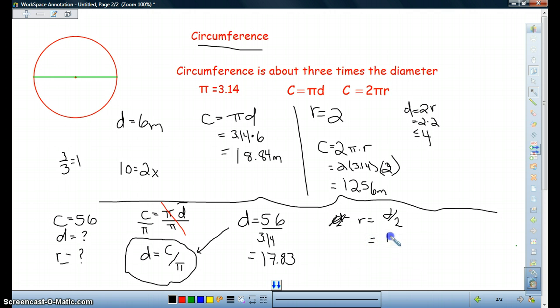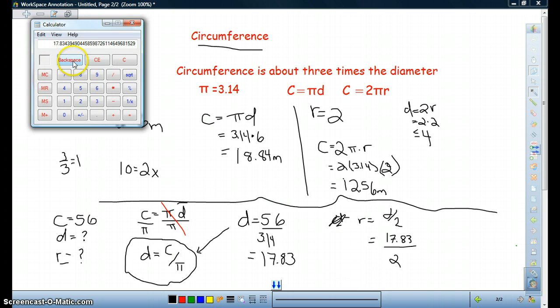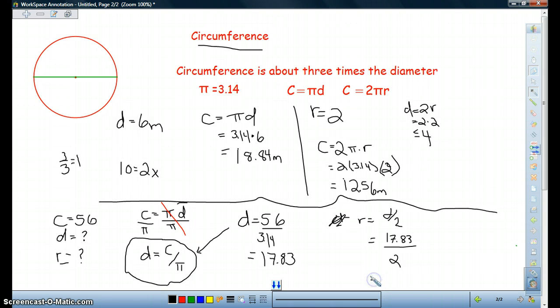And you have 17.83 divided by 2. Calculator work. 17.83 divided by 2 is 8.92. This 5 bumps up that 1. 8.92 meters.